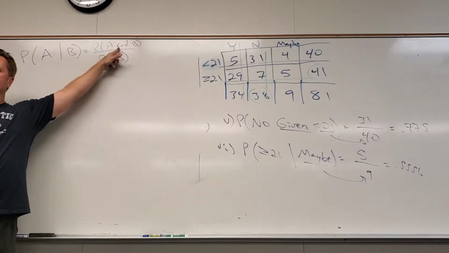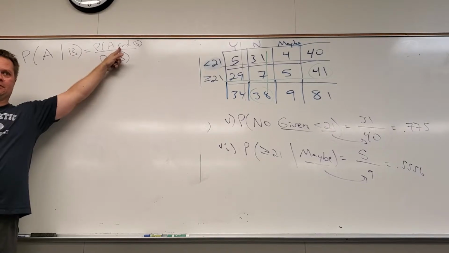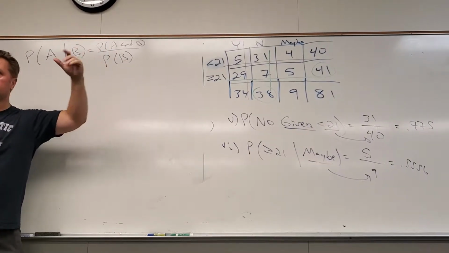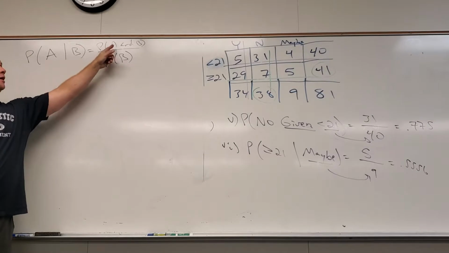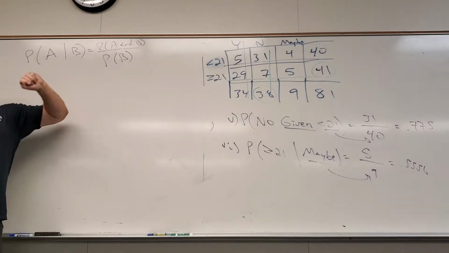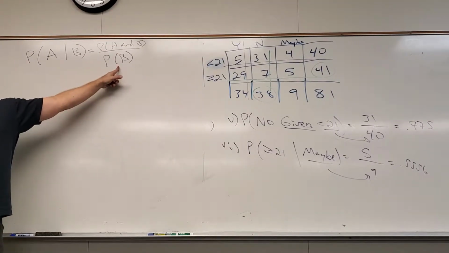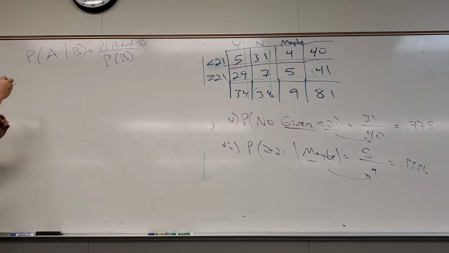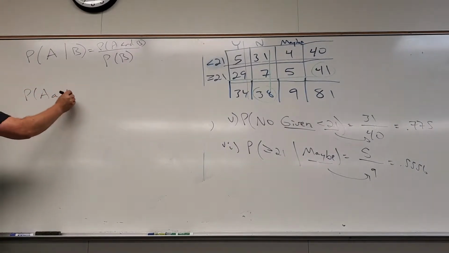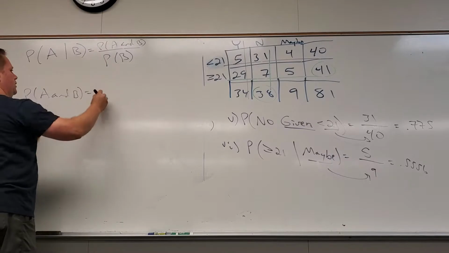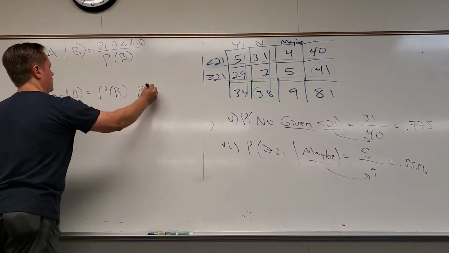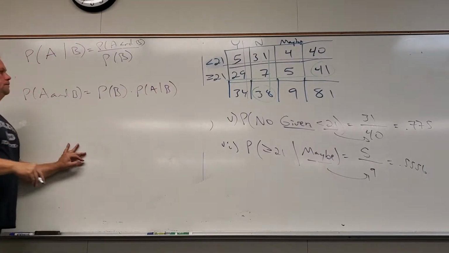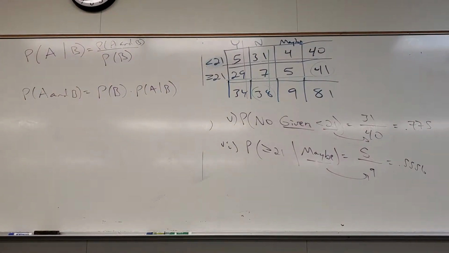Well, I just have to get it by itself. So how do I get that by itself? Multiply by PB. I love it. Peanut butter. You gotta know a little bit of algebra. Just that much, right? So now I have the formula for probability of A and B is equal to probability of B times probability of A given B. That's exciting. No, it's not. Don't worry. It's all right.